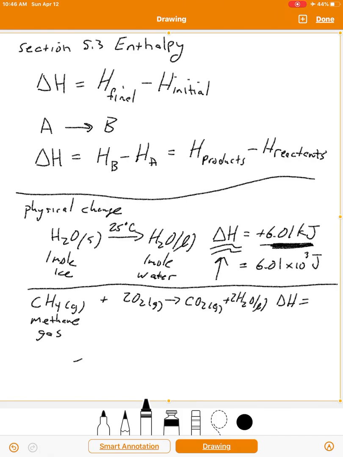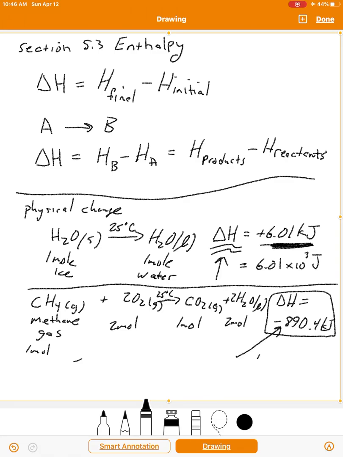The enthalpy change, again, at 298 Kelvin, or 25 degrees C, is minus 890.4 kilojoules. In other words, if you take 1 mole of methane gas and combine it with 2 moles of oxygen to form 1 mole of carbon dioxide and 2 moles of water, this is how much energy is released.